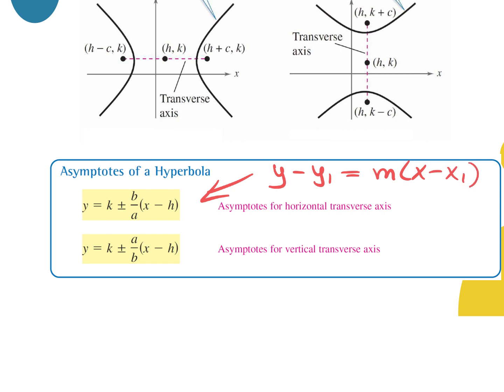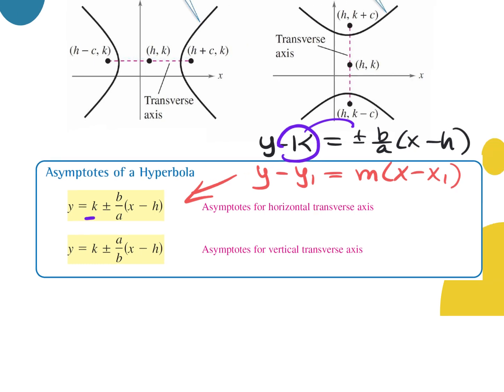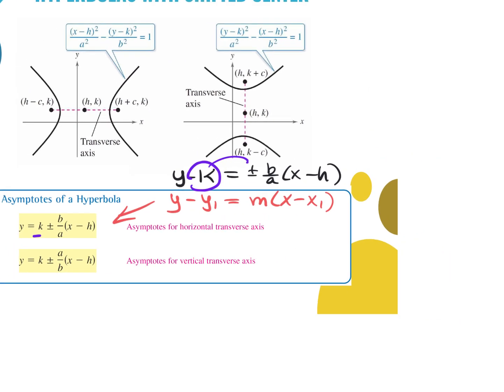But for our purposes, what we're doing here is y minus k, and then our asymptote here, it's going to be plus or minus, the slope will be b over a, and then x minus h. This is point slope. What they did was they took the k value here and they just added it to the other side. So that's why the k is over here away from the a.